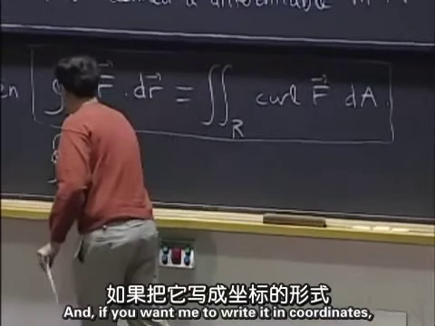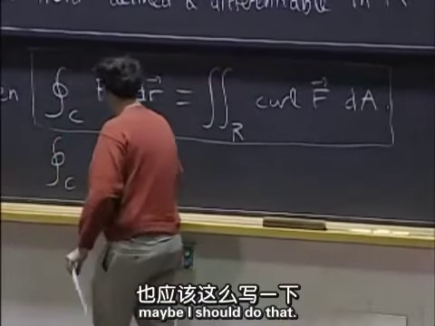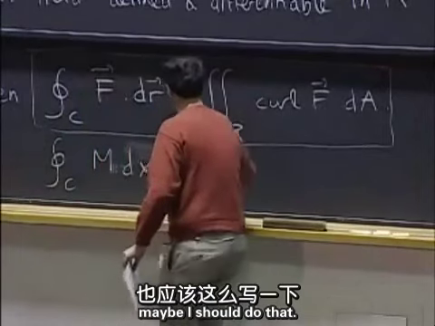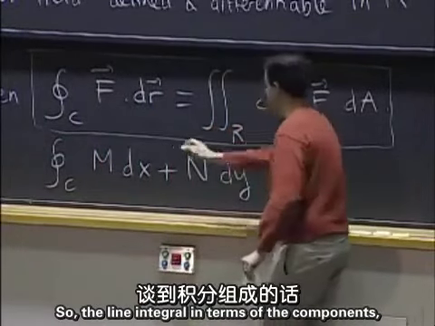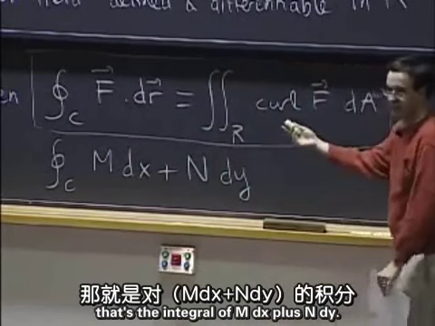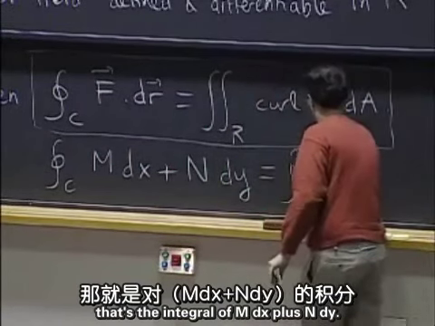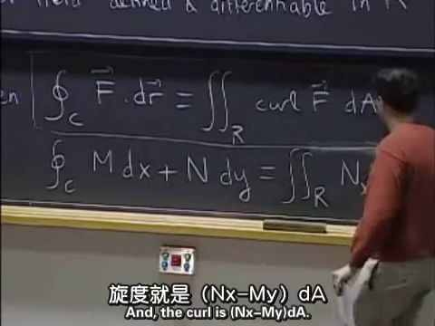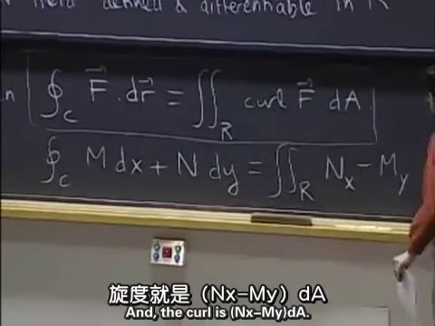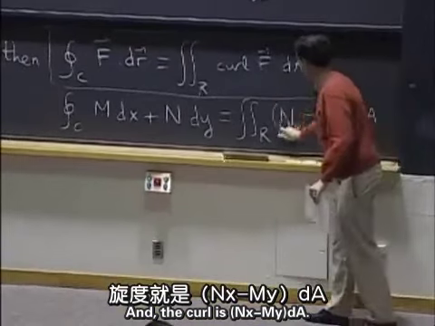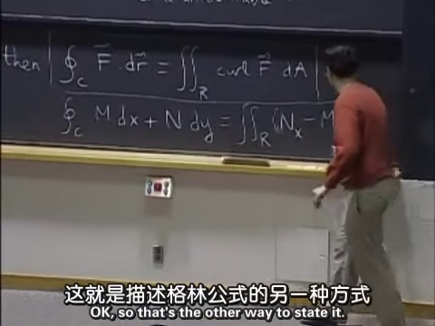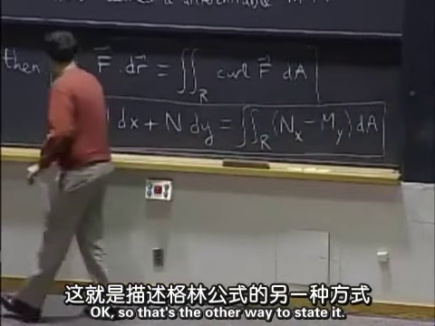And if you want me to write it in coordinates, maybe I should do that. So the line integral in terms of the components, that's the integral of m dx plus n dy, and the curl is n_x minus m_y dA. Okay, so that's the other way to state it.